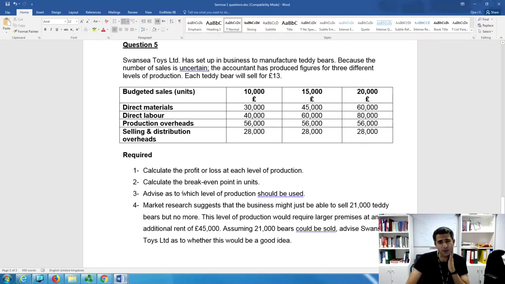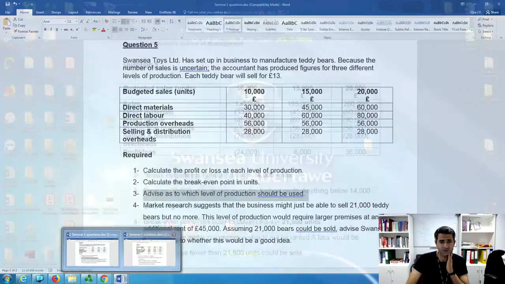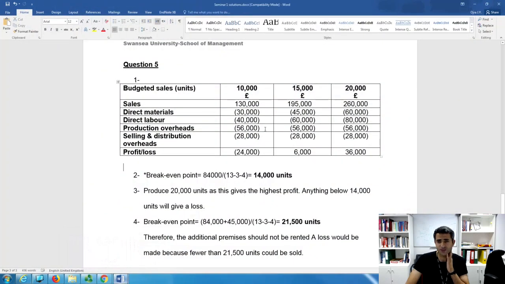Before we do question number 2, let's do question number 3. They ask you to advise as to which level of production should be used. Looking at the answers, which level of production would you advise them to use?